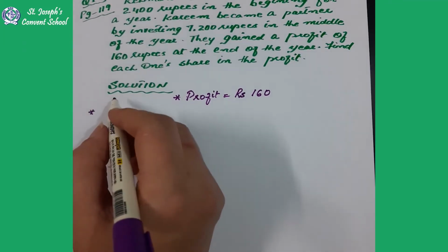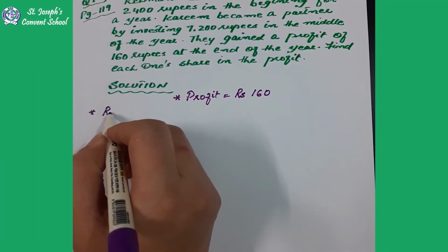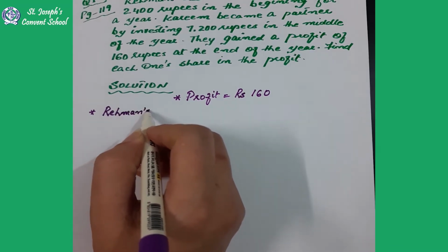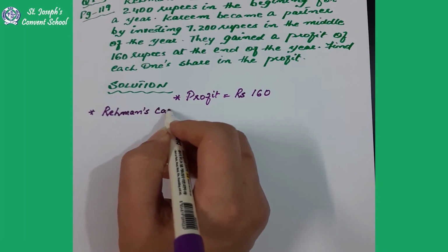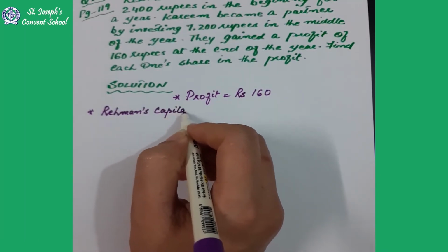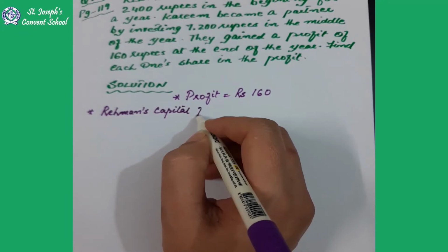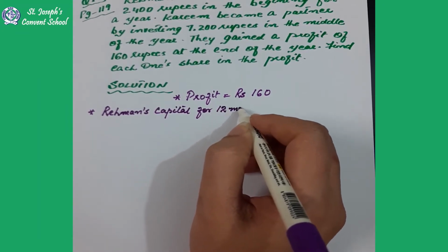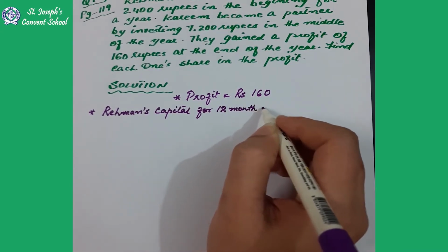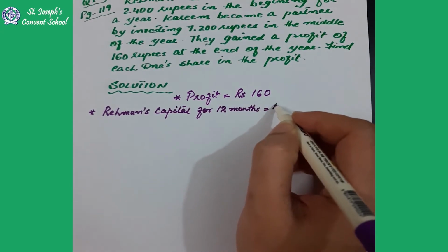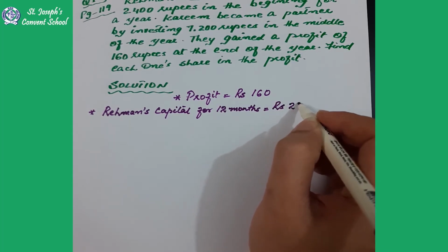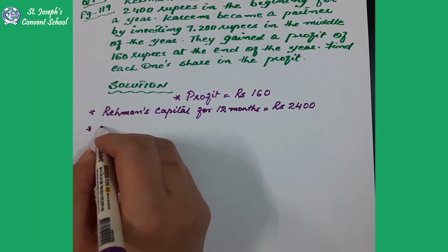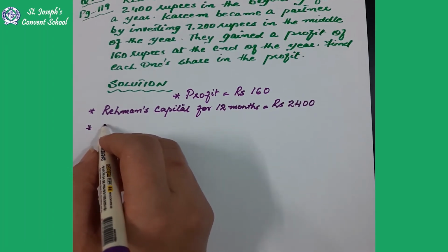Now first I'll write Rahman's share. Rahman's capital for 12 months. Whole year means 12 months. So Rahman's amount is rupees 2400. Now for 1 month we are going to find.